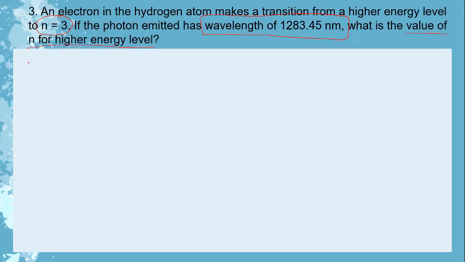Thus, by using the Rydberg equation, 1 over lambda equal to RH times in bracket 1 over n1 squared minus 1 over n2 squared, and n1 should be less than n2. For this case, n1 equal to 3, while n2, the higher energy level, is what we need to find out.